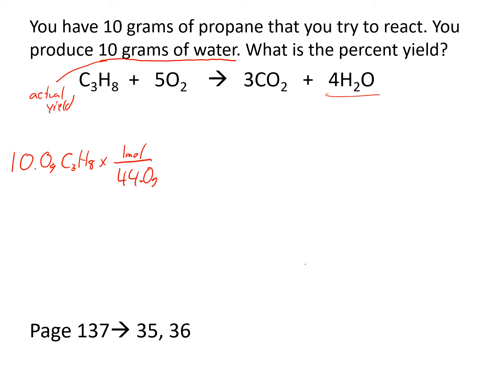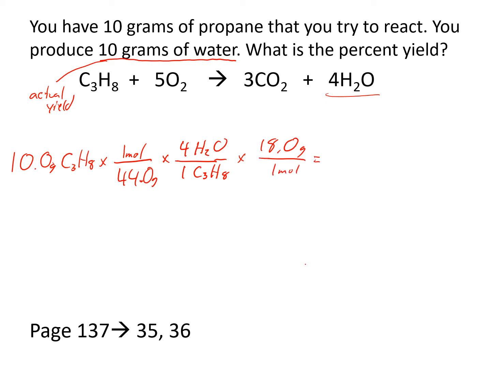So 10 divided by 44, and now I'm going to go over my molar ratio, or some people call it the mole bridge. There's 4 water and 1 C3H8. I'm now going to change it into grams of water by using the molar mass of water, which is 18 grams of water, and that's equal to 1 mole.